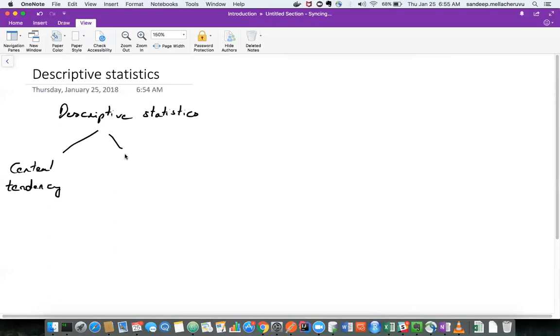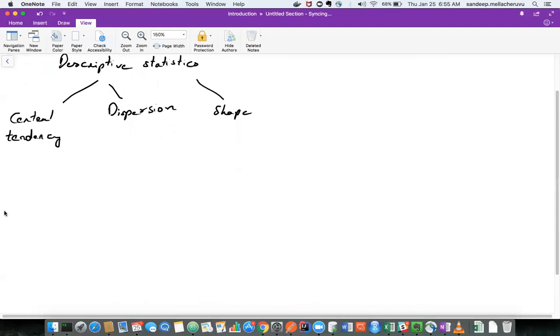The second one is dispersion. And the third one is shape of the data. So these are the three major branches that we are going to look at.